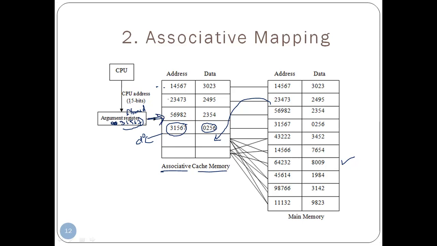So how many Ahmeds are there? Suppose Ahmed is here and Ahmed is here. Only these two data are going to be retrieved. I need not search all the elements over here. The data that is matched with this Ahmed is only going to be retrieved.